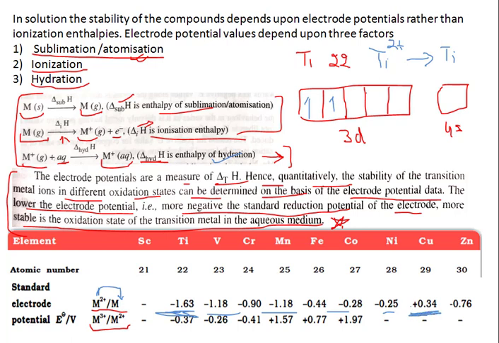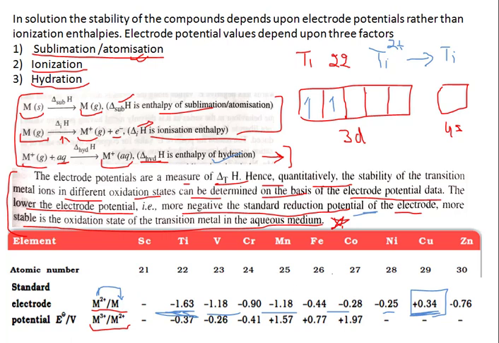Likewise, the values are given for other elements except copper. Copper is an exception because its value is positive, whereas the rest have negative values. And the more negative the standard reduction potentials, the more is the stability of that oxidation state.